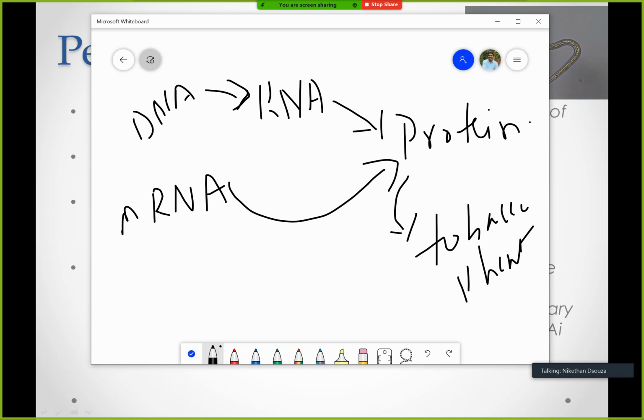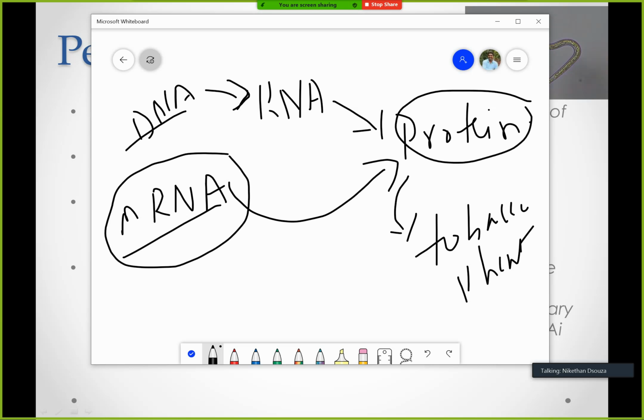Here, our main aim is to block the mRNA. We can't block the DNA because DNA is the genetic material. We have to block the mRNA. If we block the mRNA, then we can block the proteins. Once we block the mRNA, there is no translation, there is no protein synthesis, and it doesn't affect the tobacco plant.